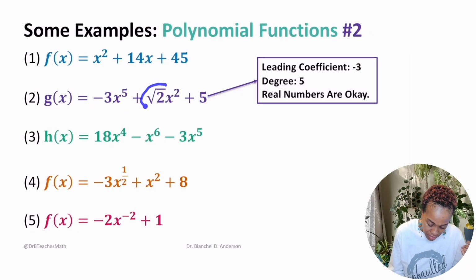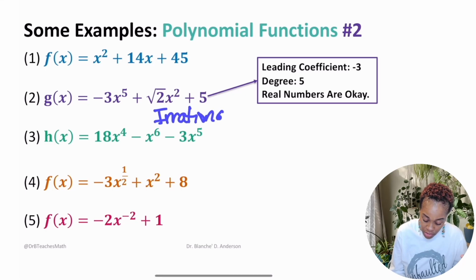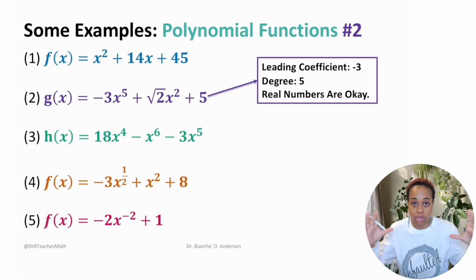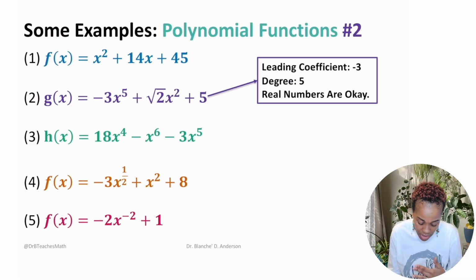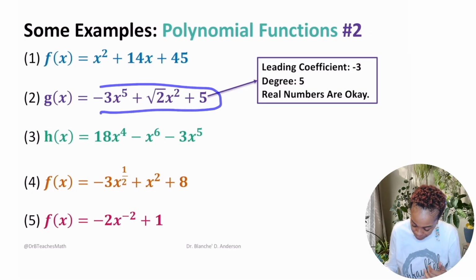This is a real number. And you're like, well, Dr. Anderson, you said it's irrational. The square root of 2 is irrational. But remember, that entire rectangle represented your real numbers. It's not an imaginary number. It is a real number. It just happens to be an irrational real number. So, but this still works, okay?